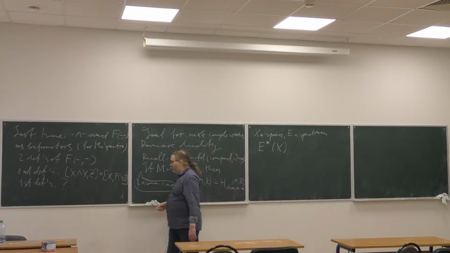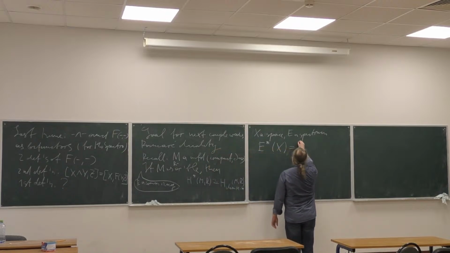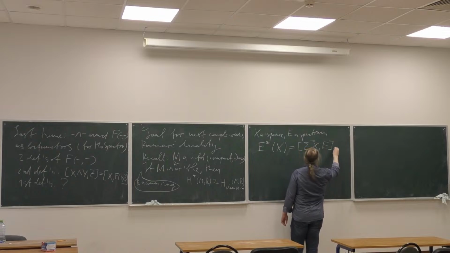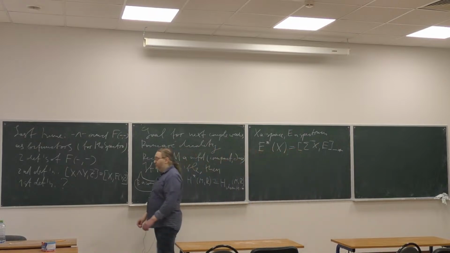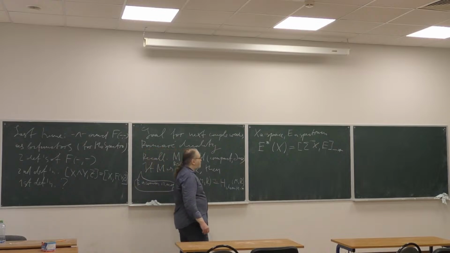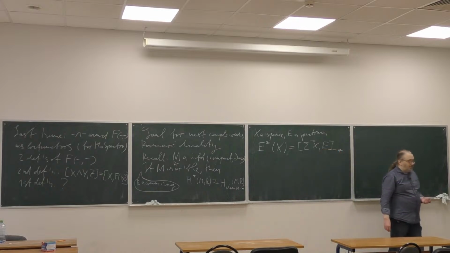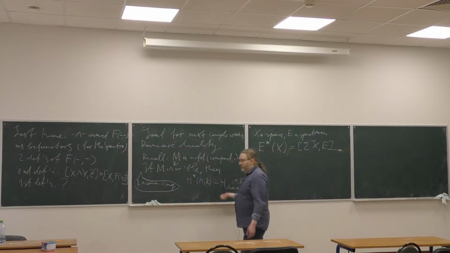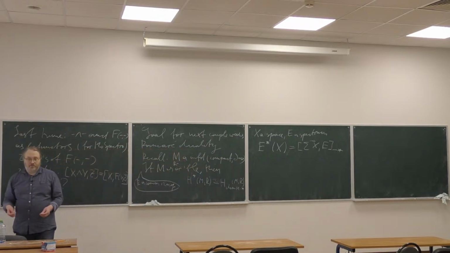On the left, we have the cohomology of M. And the natural guess is to take a spectrum which represents a given cohomology theory.